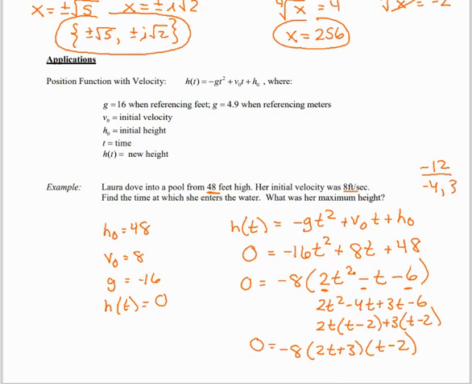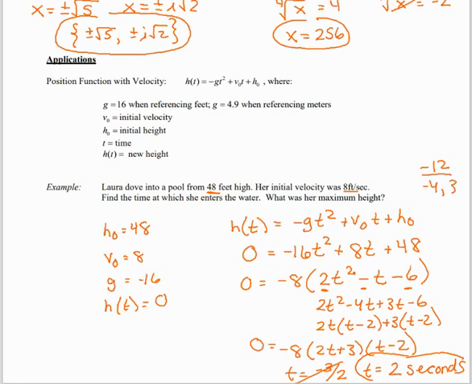The 2t plus 3 will give me negative 3 halves, and the t minus 2 will give me 2. Do I want both answers? I'm looking for when she enters the water, so I don't want a time of negative seconds. That's the past tense. What I want is the positive. So she will enter the water, and make sure to put a label, after 2 seconds.